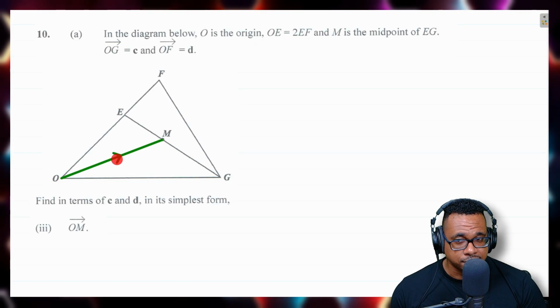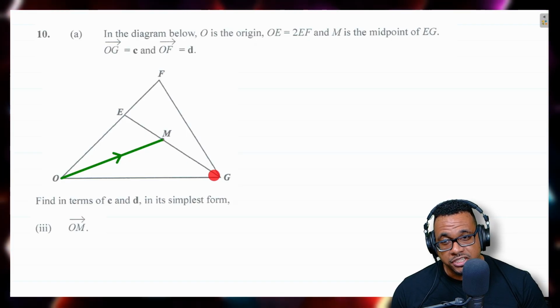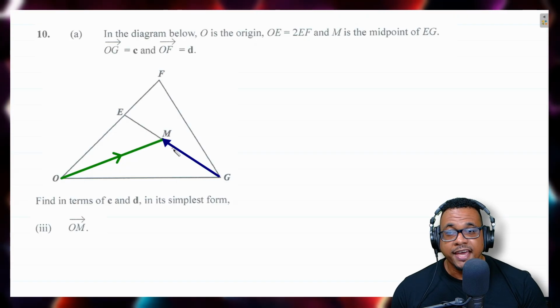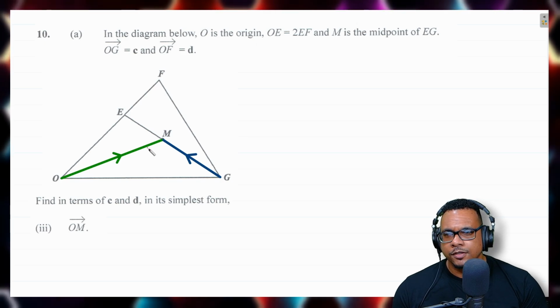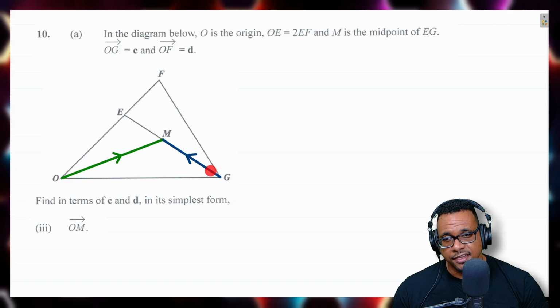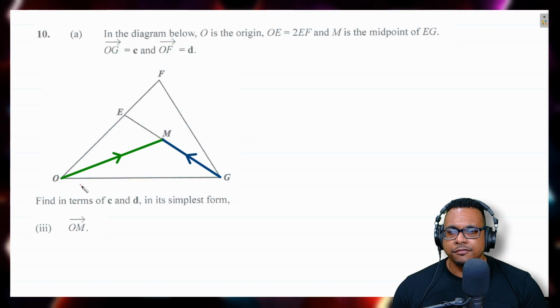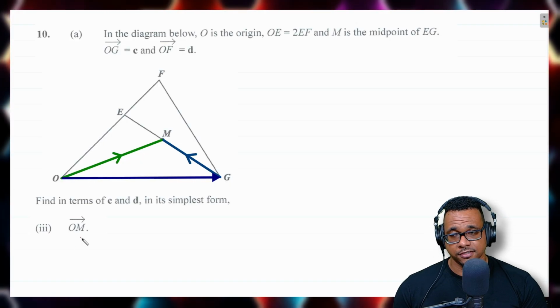This is my resultant vector. The head is at M. Therefore, the vector along the line M to G, the head must connect to the head of the resultant vector. Therefore, the head must be at M, so the arrow will point in this direction towards M. And this vector down here, the tail must connect to the tail of the resultant vector.